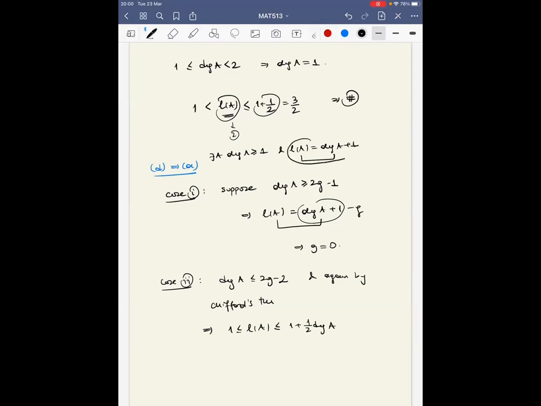By the assumption, if we plug in degree A plus 1 for L of A, thanks to these two inequalities, we can observe that half of the degree A is less than or equal to 0, and this shows us the degree is not positive. But this contradicts our assumption because we suppose that degree A is at least 1. So that means that cannot be the case, and this shows us the genus is 0.